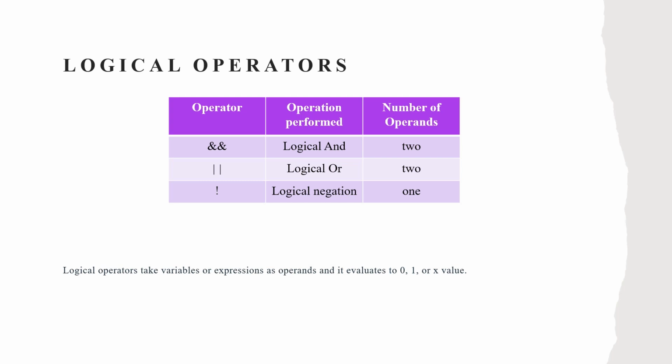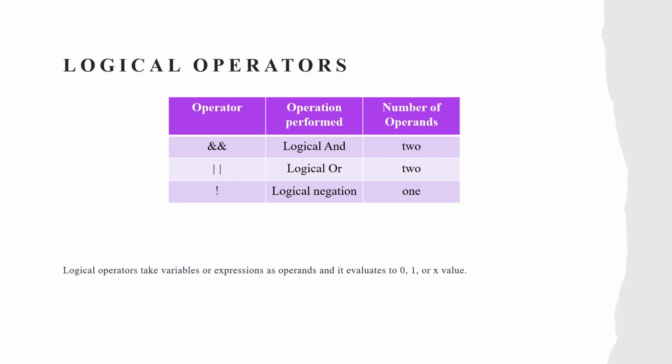So in this case, the result of logical AND is 1 or true when both its operands are true or non-zero, and the result of logical OR is 1 or true when either of its operands is true or non-zero.